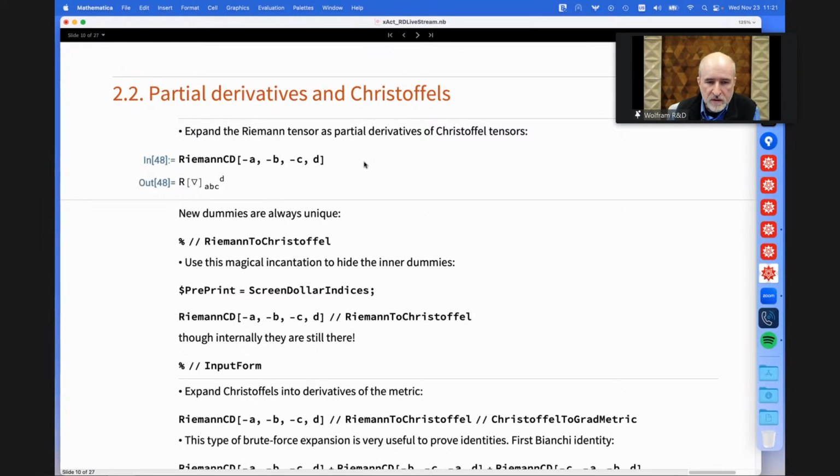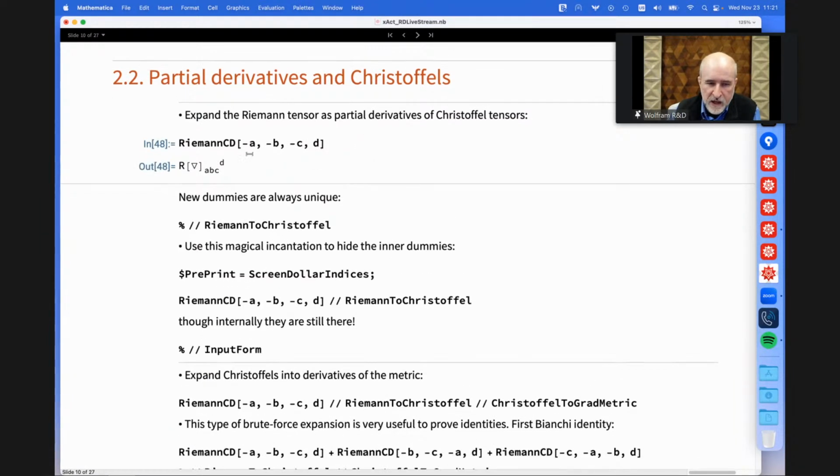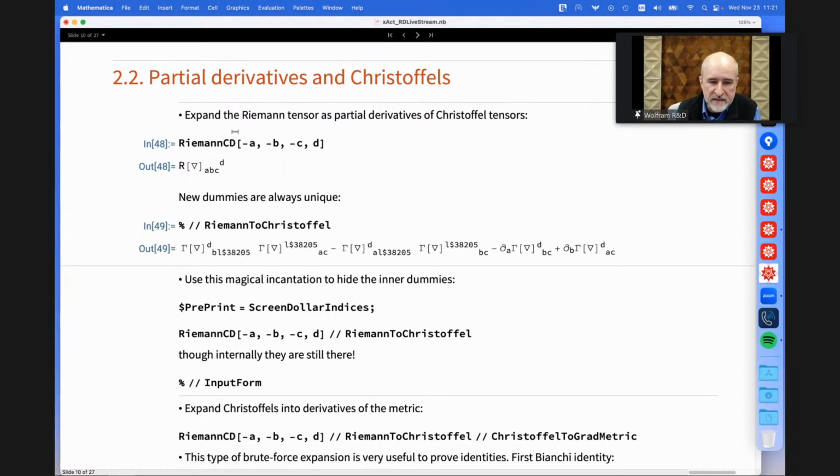Okay, so now something important in xAct is how to convert tensors. So you have Riemann, and then you say, okay, I want to convert that into partial derivatives of the Christoffel, right? So you get that. And look how these ugly indices appear. This is how the system handles dummies. So these indices will have a different number every time you evaluate this.